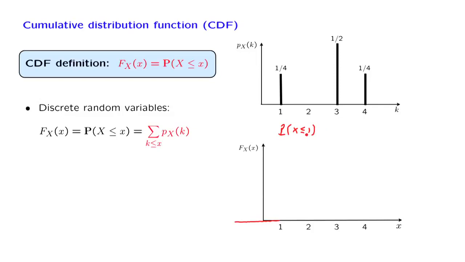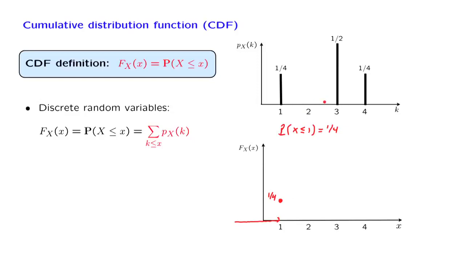And because this includes the value of 1, this probability will be equal to 1/4. This means that once we reach this point, the value of the CDF becomes 1/4. At this point, the CDF makes a jump. At 1, the value of the CDF is equal to 1/4. Just before 1, the value of the CDF was equal to 0.